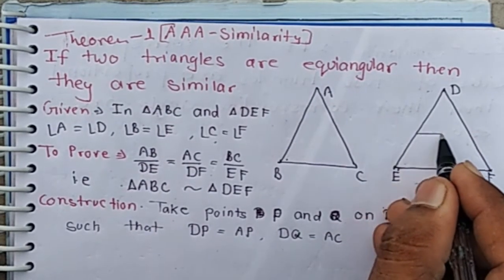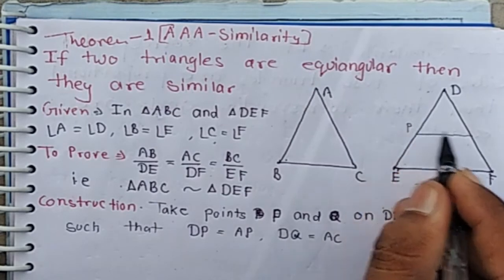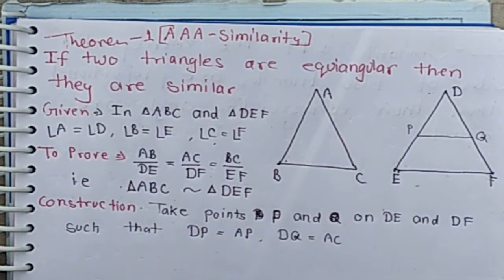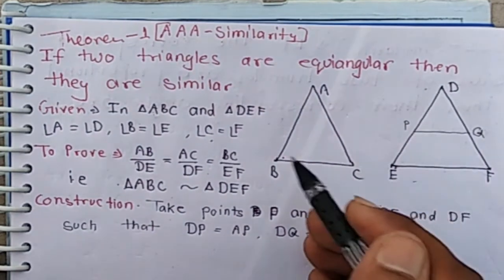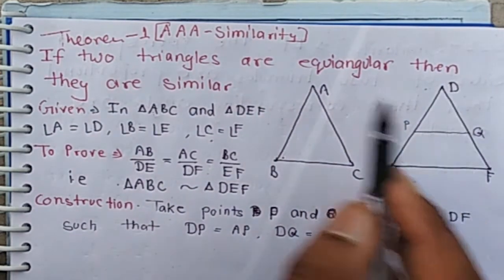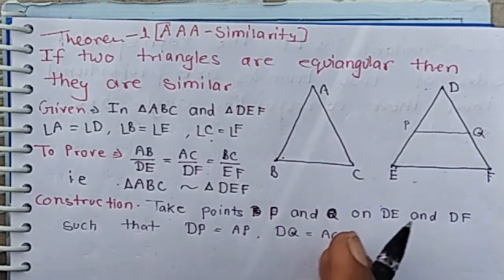That means we have to take two points P and Q on DE and DF such that the length of DP is equal to AB and the length of DQ is equal to AC.